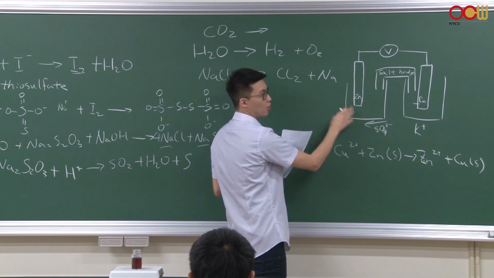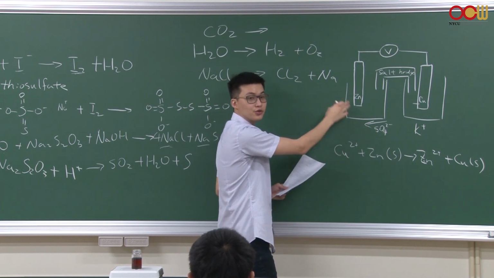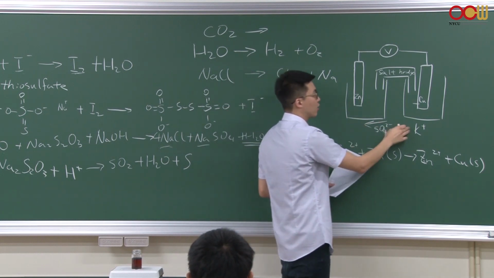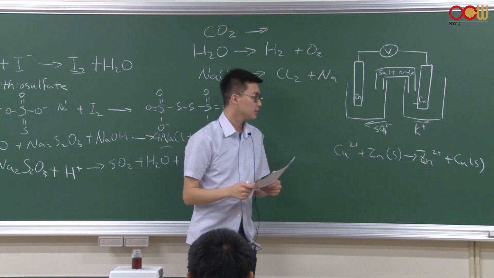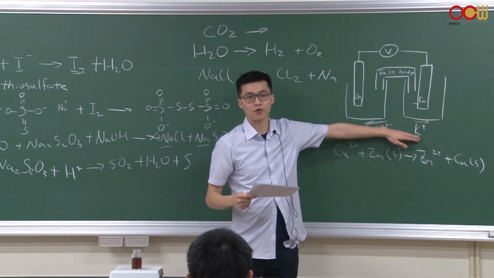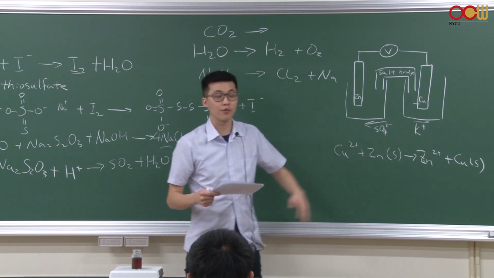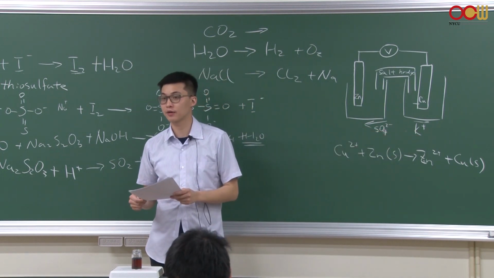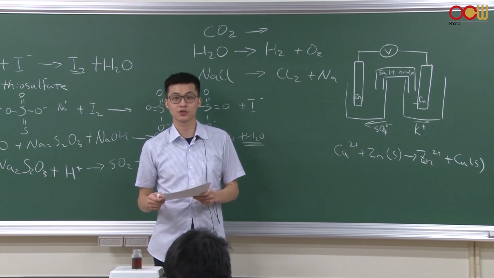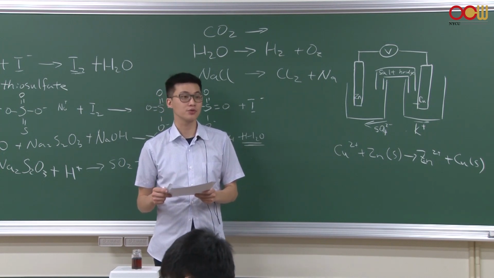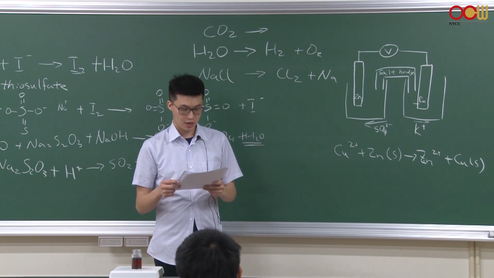The sulfate will go to the anode, okay? The anion usually goes to the anode, the cation goes to the cathode, okay? Because they want to compensate for the loss of copper ion, okay? And of course, the real picture is much more complicated if you can recall effective concentration, all right? So electrochemistry is a very complex process, all right?